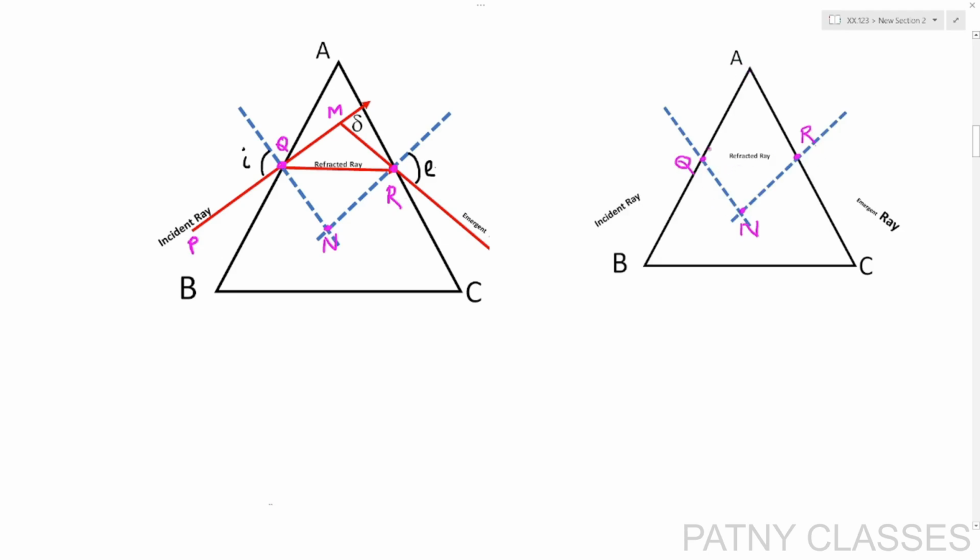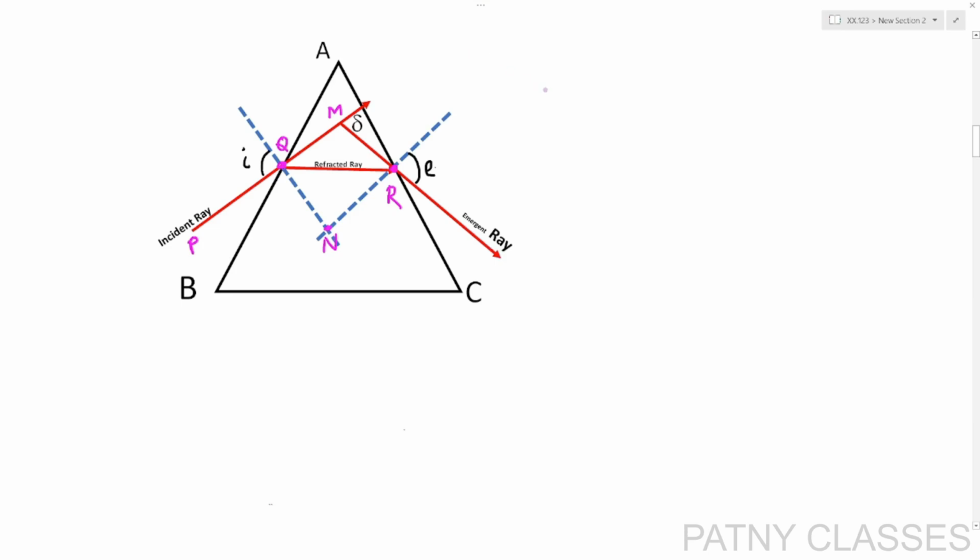In this quadrilateral, angle AQN is 90 degrees and angle ARN is 90 degrees. Therefore, angle A plus angle QNR equals 180 degrees. Call it equation 1.